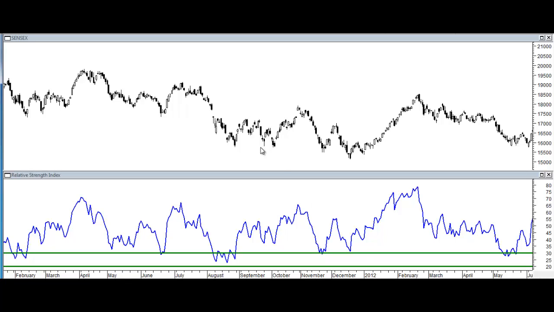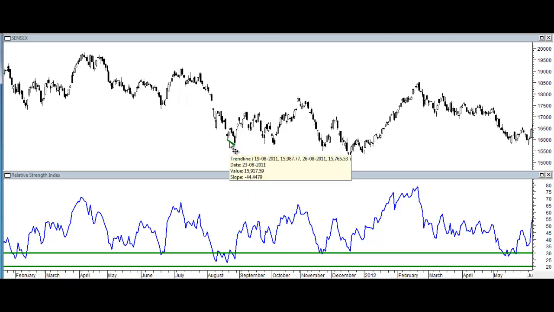So in this zone also we have seen good positive divergences. Over here you can clearly see that prices are making lower lows, but RSI is making higher lows. Since then RSI made a higher low around 15,760, and Sensex bounced back sharply within a few sessions to 17,200 odd levels.